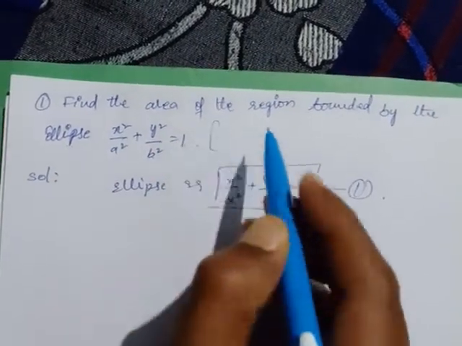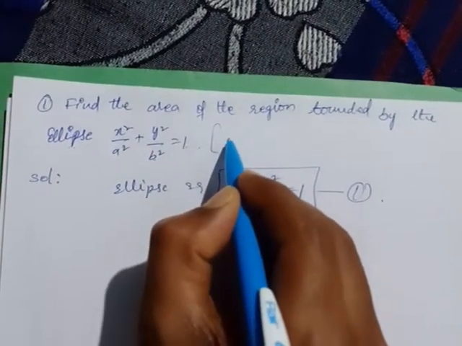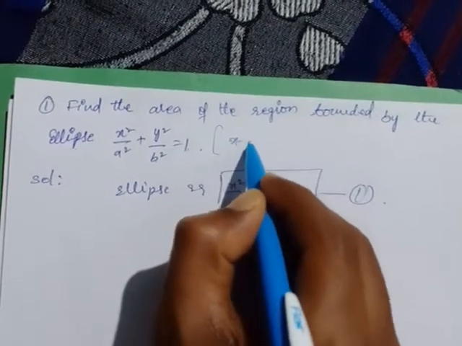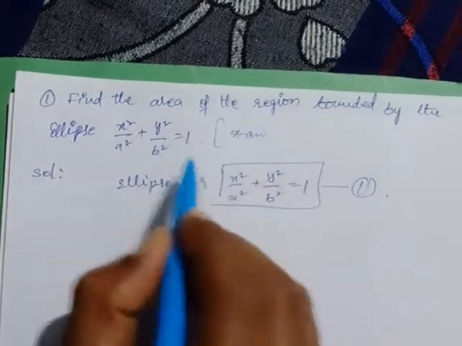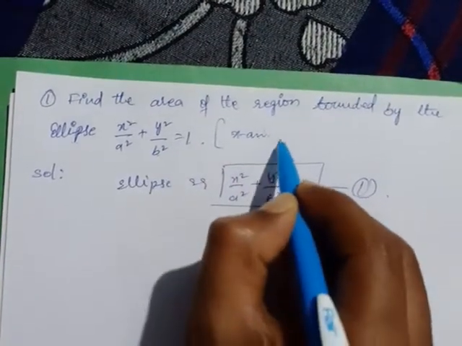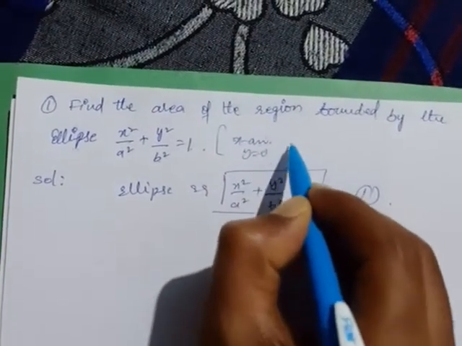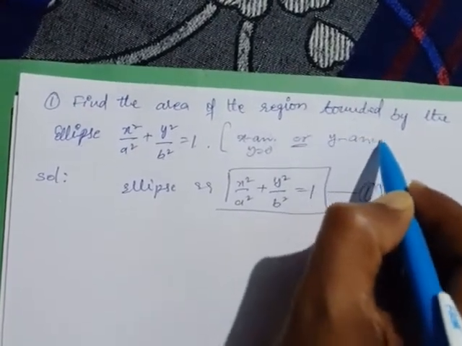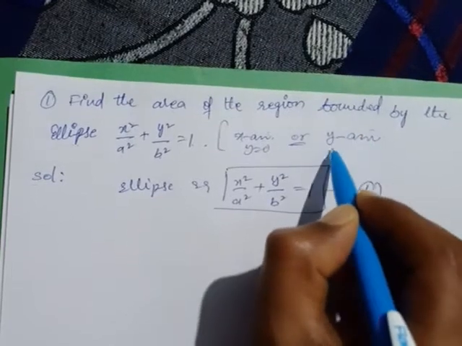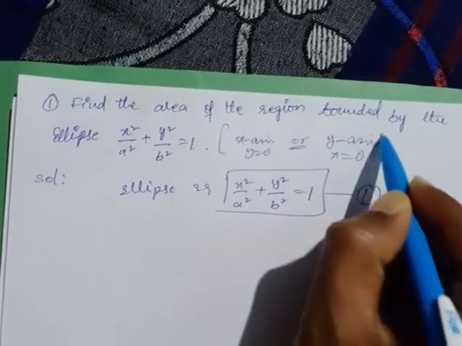Sometimes he may ask towards the x-axis. If we ask towards the x-axis, put y is equal to 0 in equation number 1. Or he may ask towards the y-axis. If we ask like this, you must put x is equal to 0.